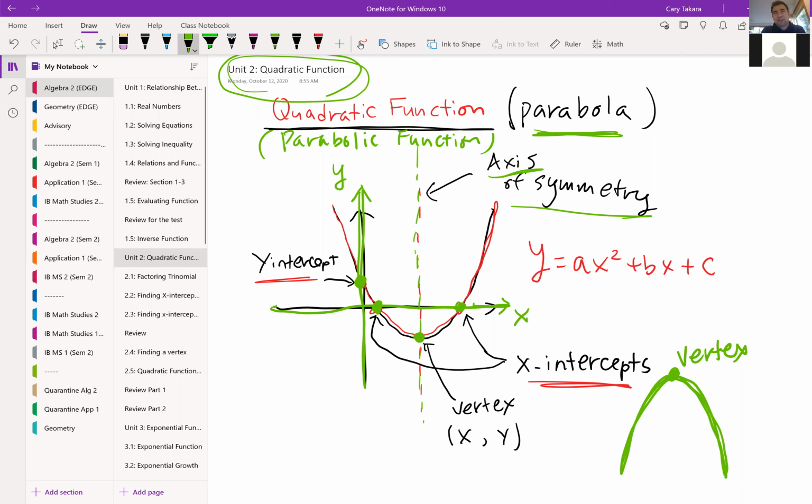Any projectile. I don't know if you have taken a physics class. Have you dealt with a projectile, like shooting a cannonball, and then you're trying to figure out the highest point of the cannonball? When does the cannonball hit the ground? That type of question.